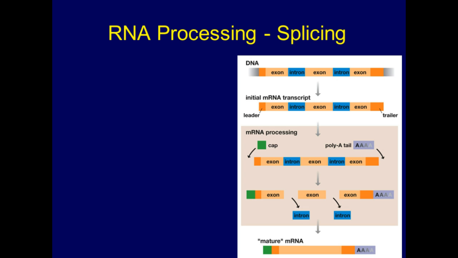Okay, now let's talk about the second modification that's made to this newly formed transcript, which is still pre-RNA. Write in your notes that this pre-RNA still contains transcripts of both introns and exons, and you see those in here. Here's the intron, the blue segment, and here's the exon.